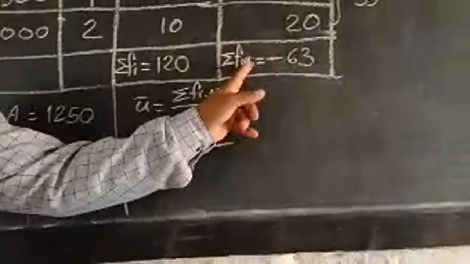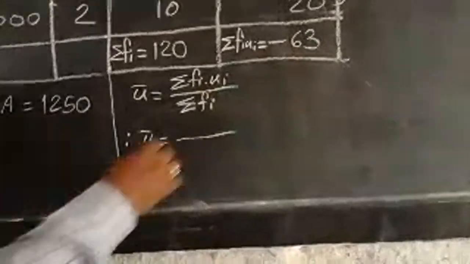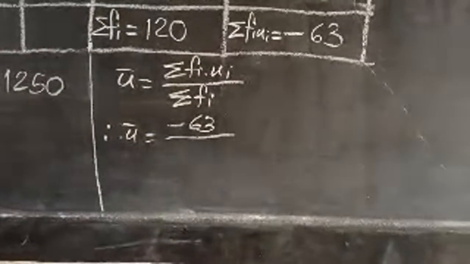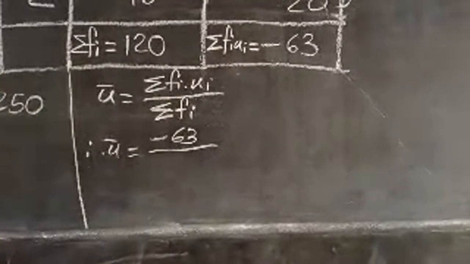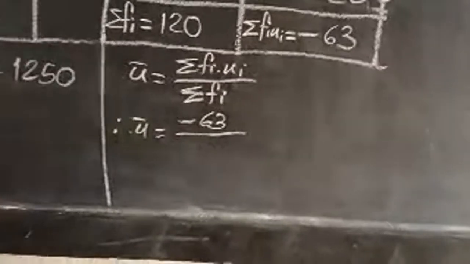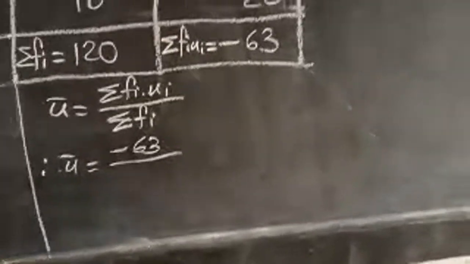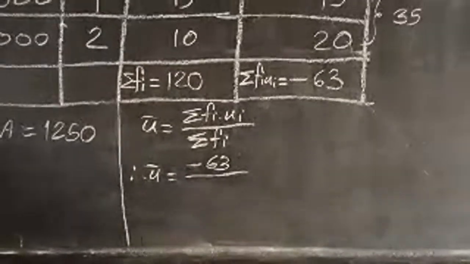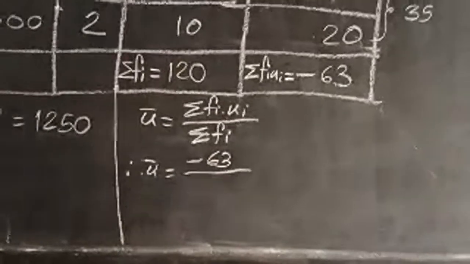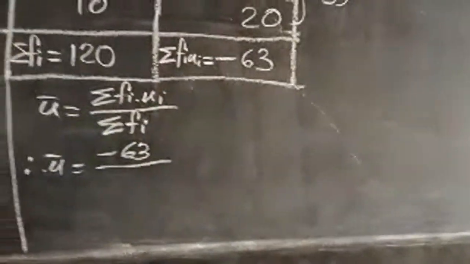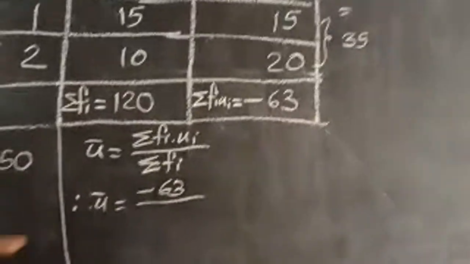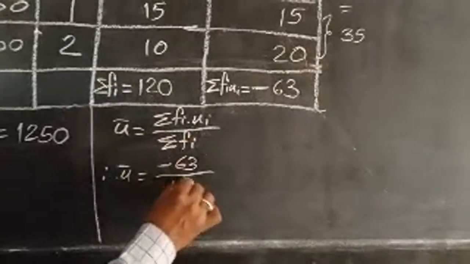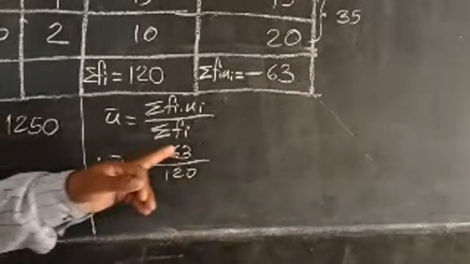Summation Fi Ui is minus 63. Summation Fi is 120. Which number do we divide by here?